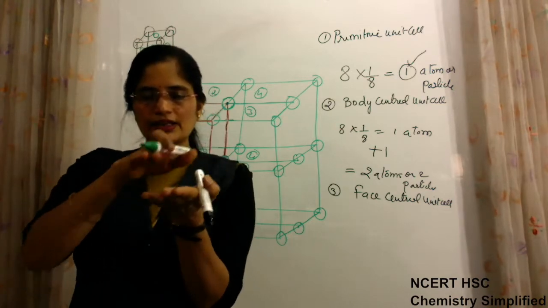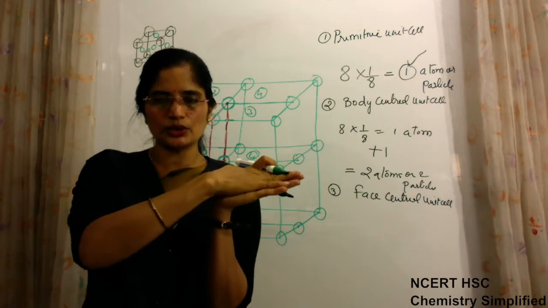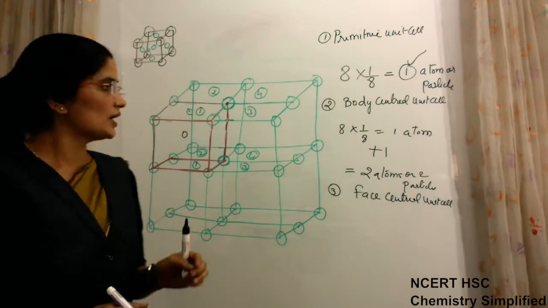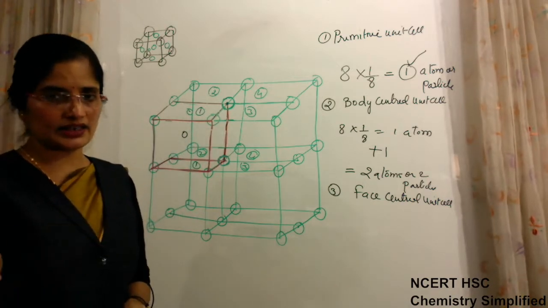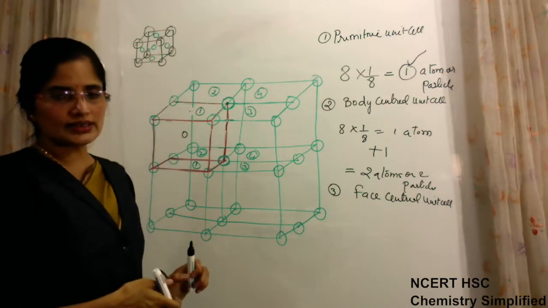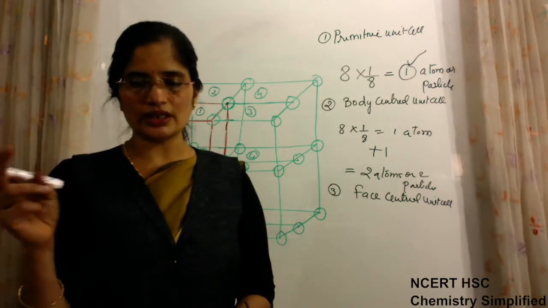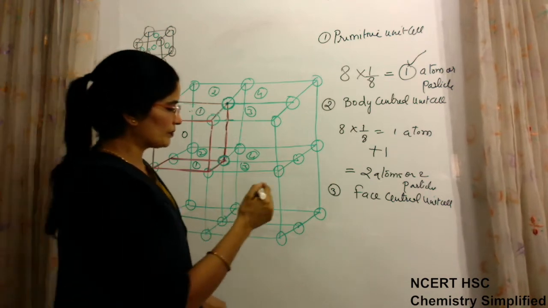If this is the surface, the particle present on it will be shared by another unit cell also. That means particles on the corner are shared by 8, but a particle on the face of the unit cell is shared by 1 more, that is 2 are sharing it.